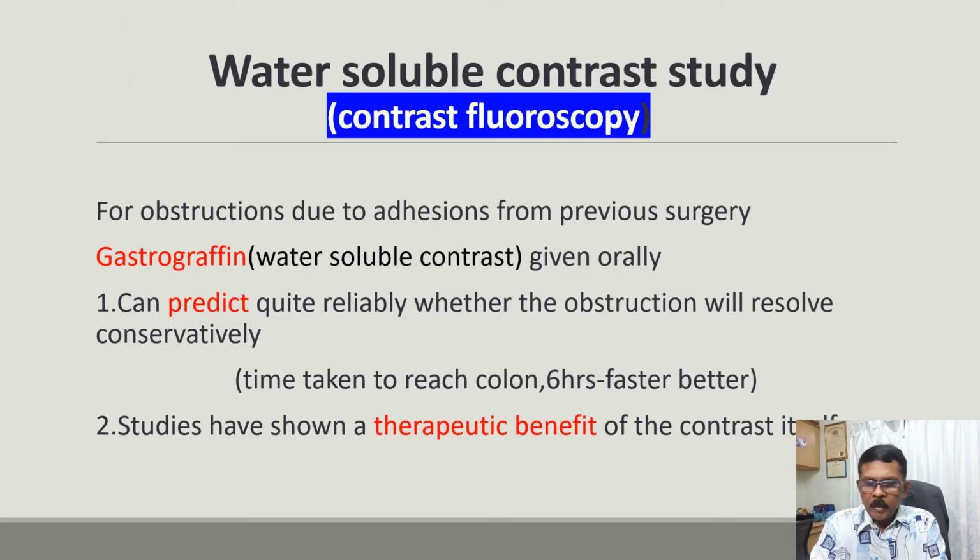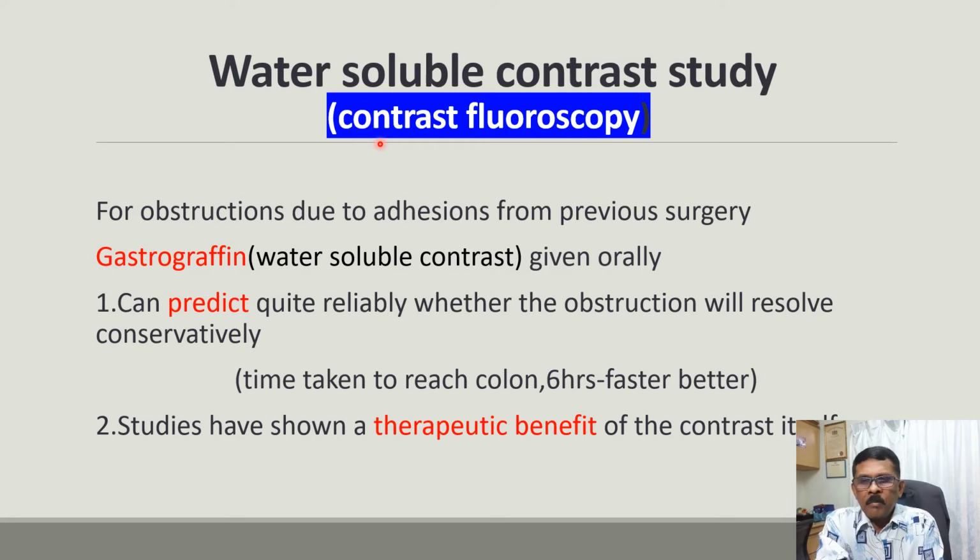Okay, now we come to this. What is this? Water soluble contrast study, also known as contrast fluoroscopy. This uses fluoroscopic assistance, which is an X-ray study, and this is usually done mainly for patients with adhesions as the cause of obstruction.